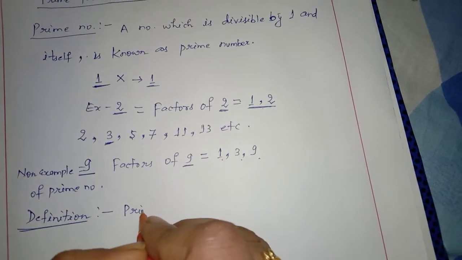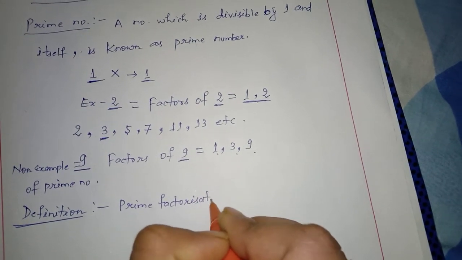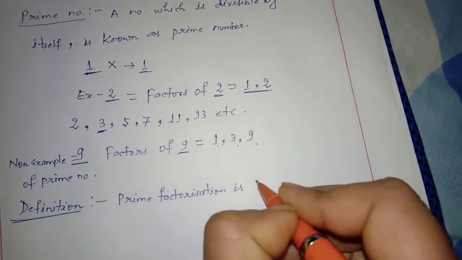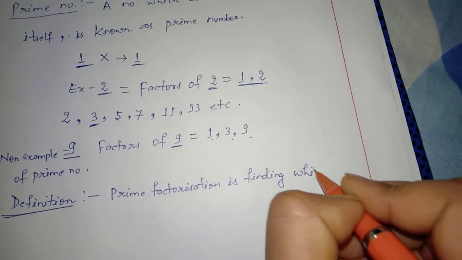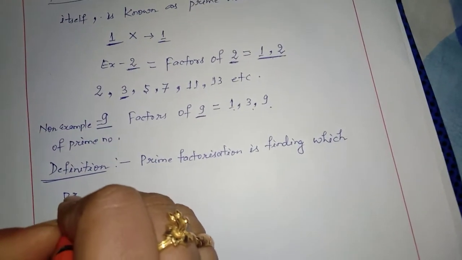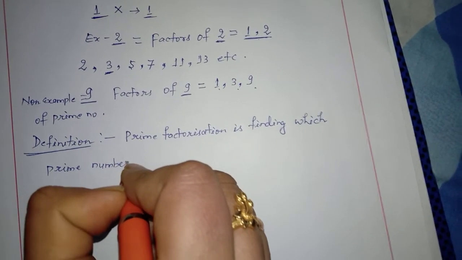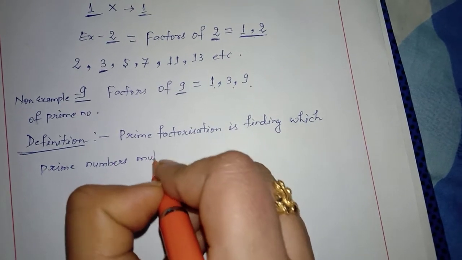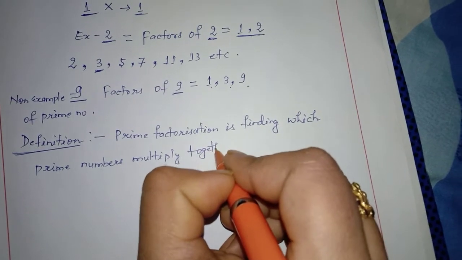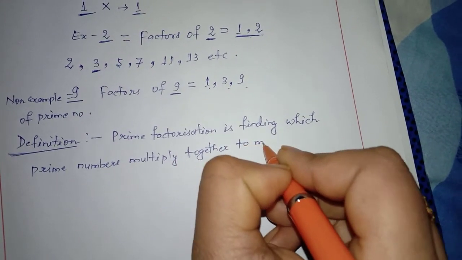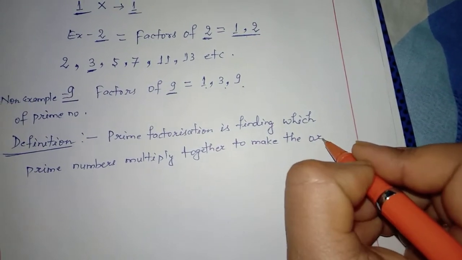Prime factorization is finding which prime numbers multiply together to make the original number.